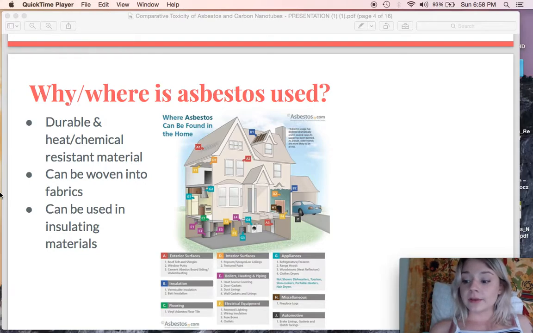In the home, it's found in places like insulation, like in your roof or in between your walls, in floors, in boilers, heaters, and plumbing appliances, in a lot of electric equipment, as well as some appliances such as clothes dryers. And in our cars, it's found in places like the brake lining and the clutch facings.